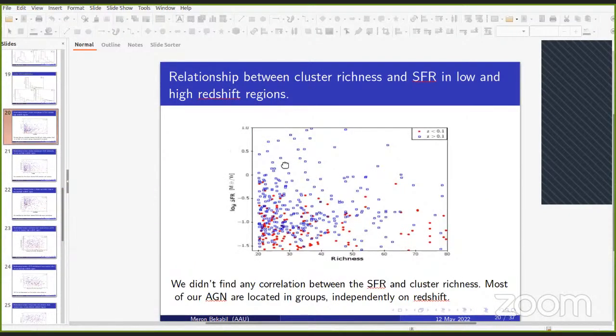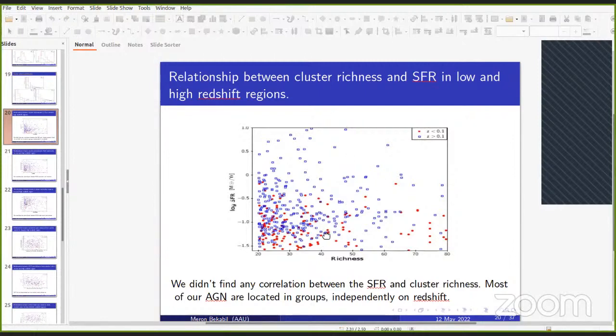Now we try to see the relationship between the cluster richness and the star formation rate. We see at low redshift two different colors. The low redshift is the red one, and the blue one is for high redshift ranges. So this will show us, again, as I explained, our analysis is based on the cluster richness and the distance from the cluster center.